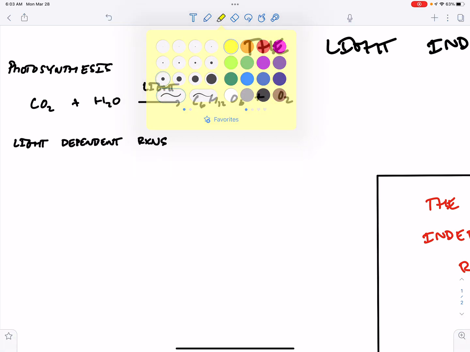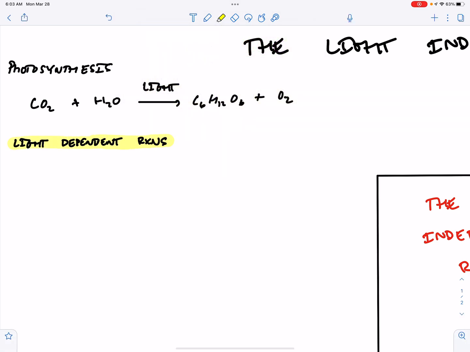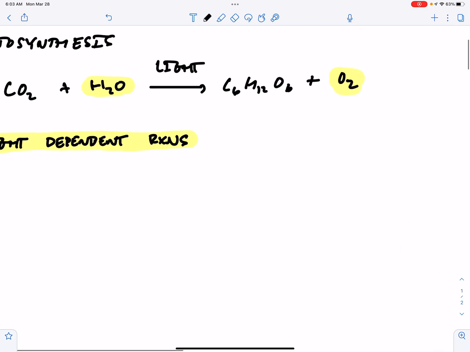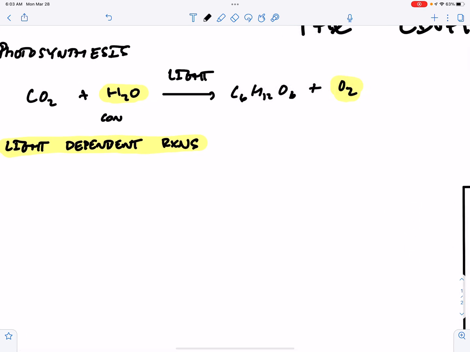I guess I'll do this in yellow. Water is consumed in the light-dependent reactions, and oxygen is produced.